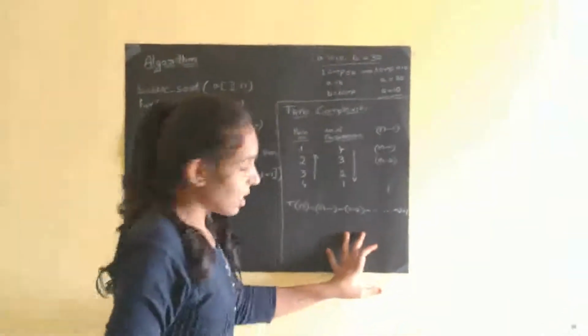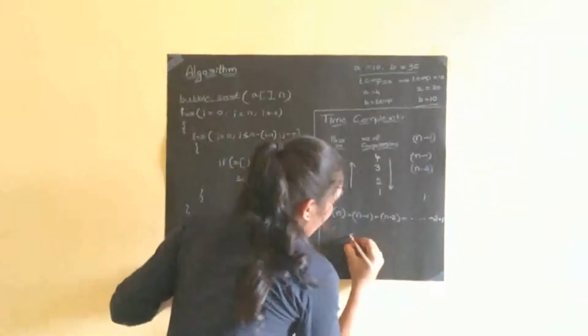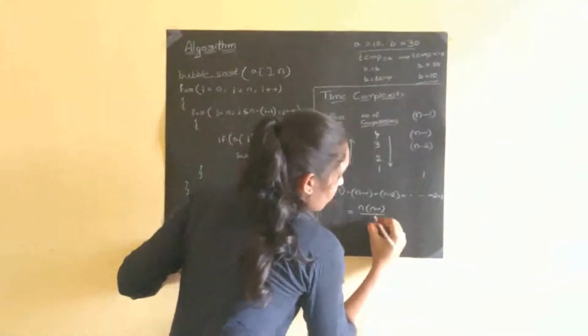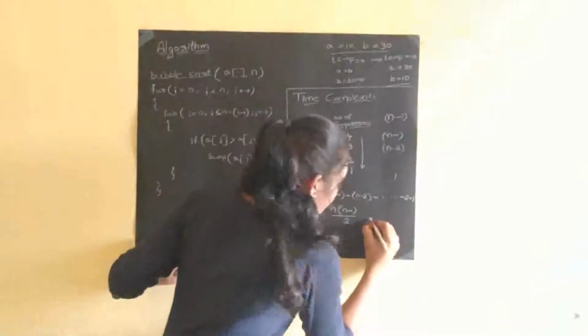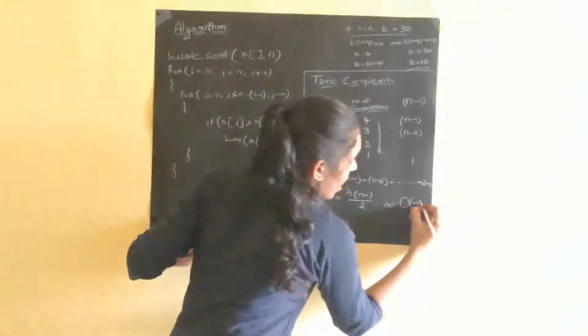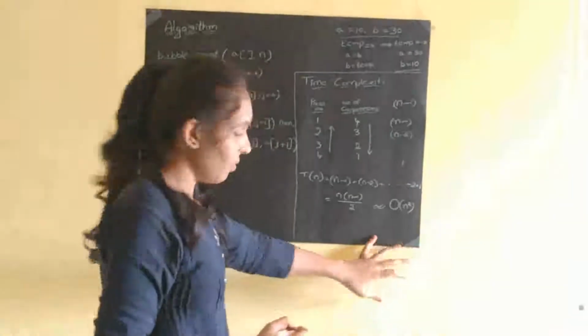The sum of this series is n into n minus 1 by 2, which is nothing but n square, and it can be read as order of n square.